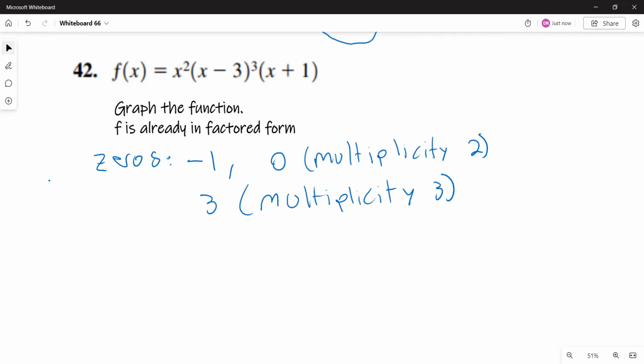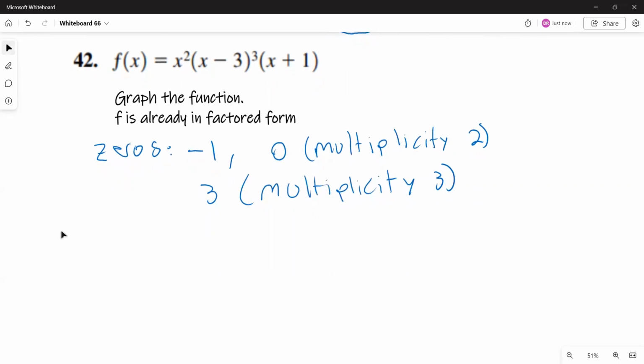So we know that at the 3, the graph is going to wiggle, and at 0, the graph is going to bounce. Okay, knowing the zeros, we know the x-intercepts.